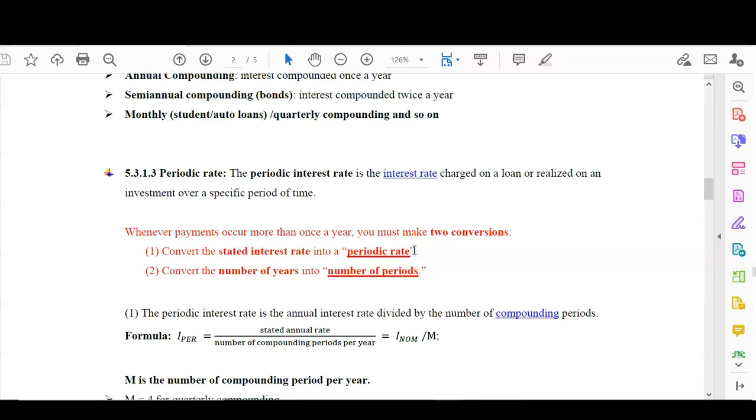If it's compounded semi-annually, the periodic rate will be semi-annual rate. If it's monthly compounding, the periodic rate will be monthly rate. Conversion 2, you need to convert the number of years into number of periods. For example, number of months, number of quarters, depending on the compounding periods.